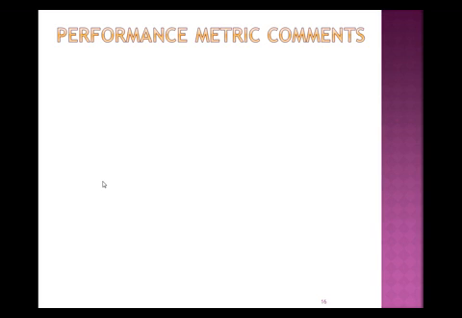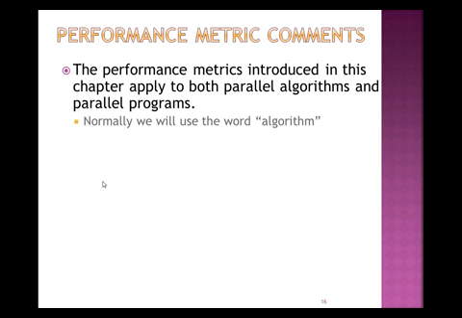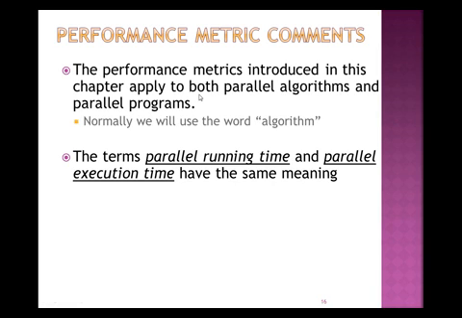Now, what are the metric components used to increase the performance of programs? The performance metrics introduced in this chapter apply to both parallel algorithms as well as parallel programs. Normally we will use the word algorithm; it is one and the same thing.